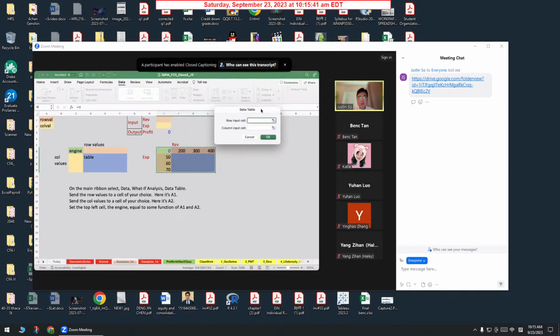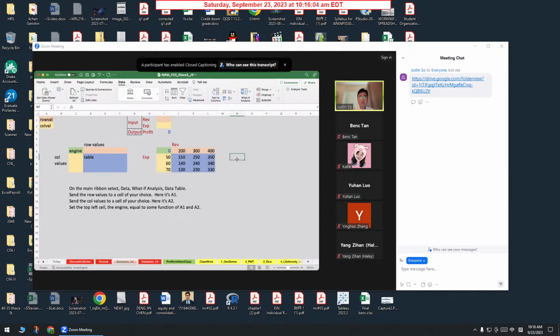It's asking you, what is the row input? In our case, row here, you got to point to the row input. And the column input. Okay. Now, the table is filled with the result.